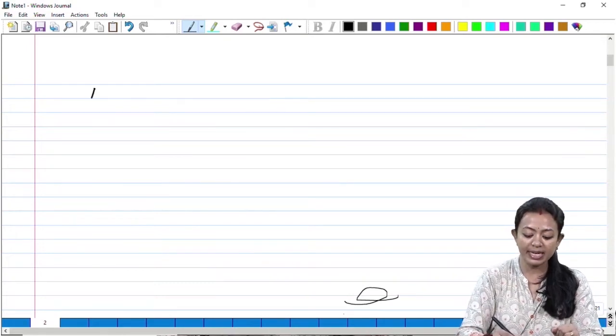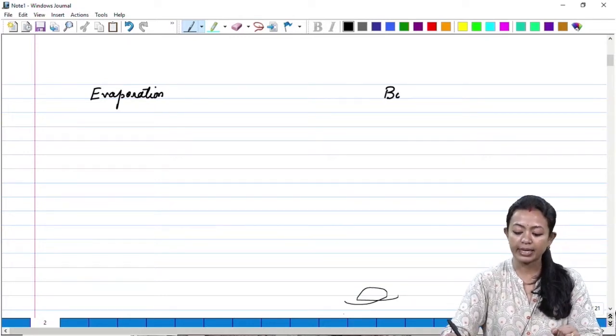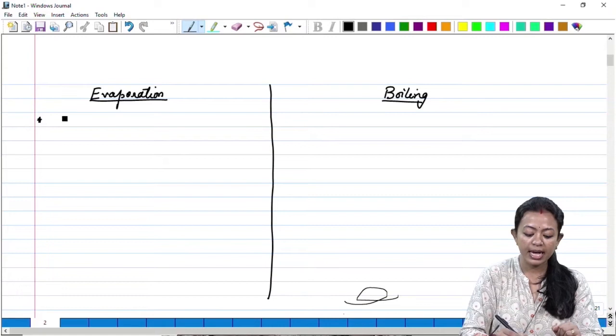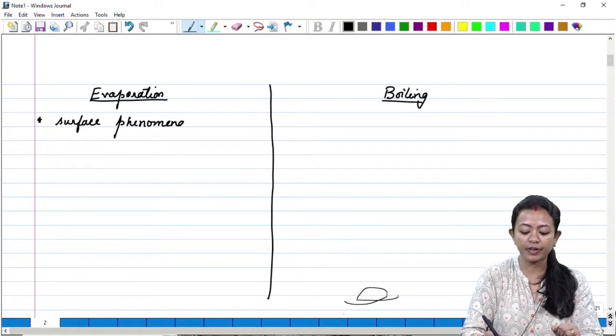So if we make a difference between evaporation and boiling, then we can do it in this manner. Evaporation is a surface phenomena. Okay, evaporation is a surface phenomena.